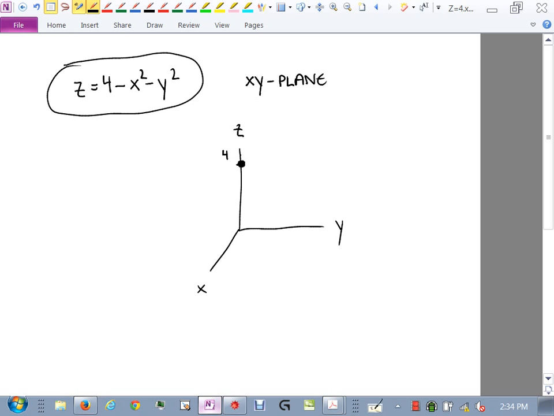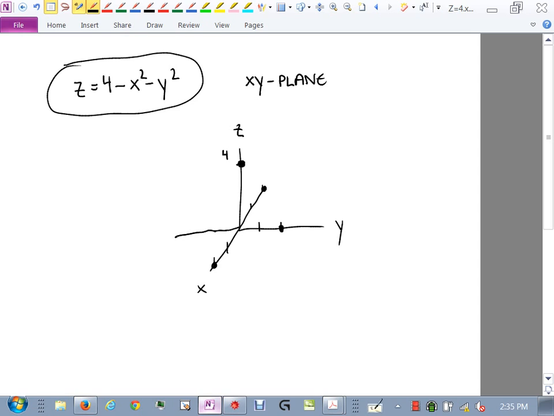What if I plug in 2 for x and 0 for y? Where am I? Right there. What if I plug in 2 for y and 0 for x? Won't I be here? Follow? What if I plug in negative 2 for x and 0 for y? I'd still be here.